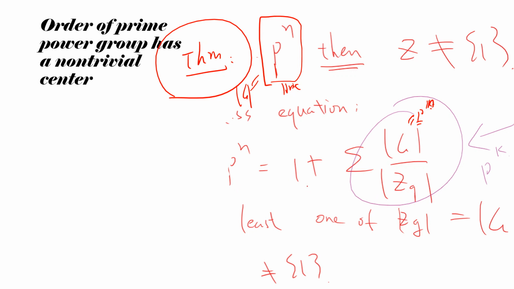So if you have two multiples of p, their difference is 1, which leads to a contradiction. So at least one of the Z(g) must be the whole group, right? But if some Z(g) is the whole group, then that means this g belongs to the center. But this g is non-trivial, not 1. So you have a non-trivial center. So the center must be non-trivial. Okay.